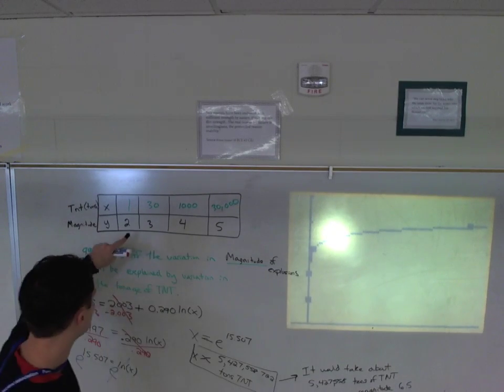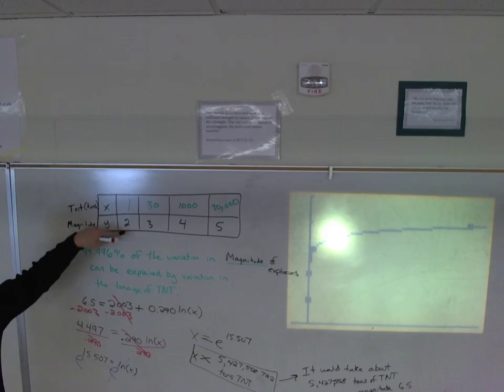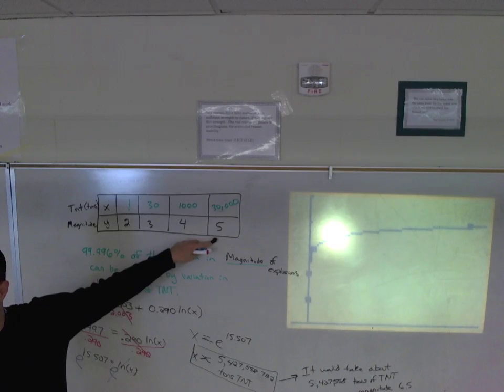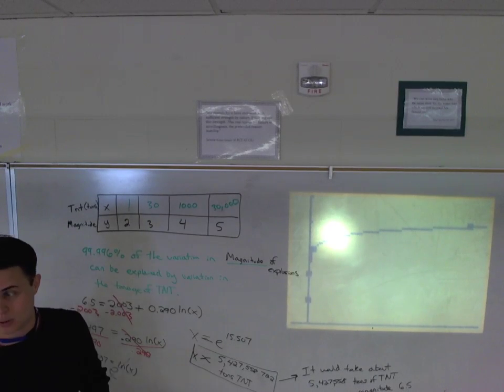So notice, when you're looking at earthquakes that are magnitude 2, it doesn't take much. You can make that kind of earthquake pretty easily with 1 ton of TNT. But once you get up to like 5, it's not so easy.